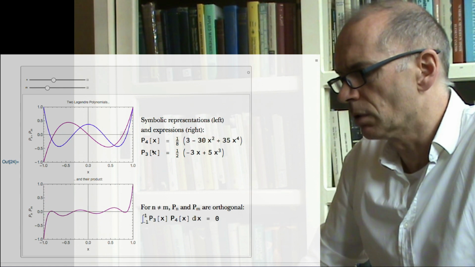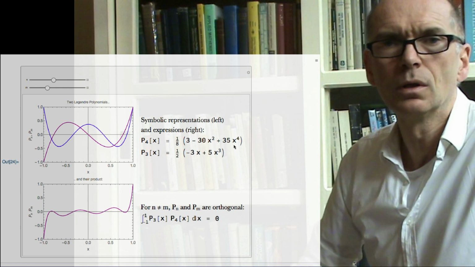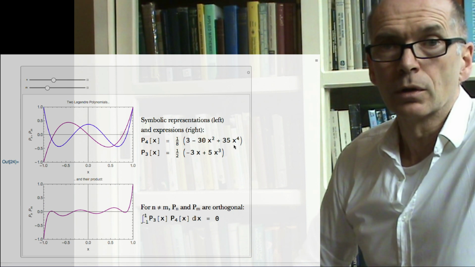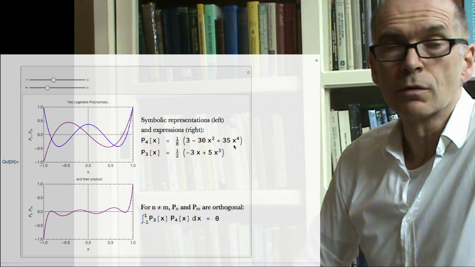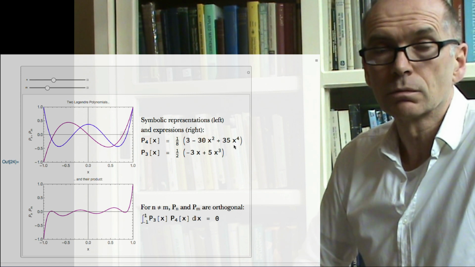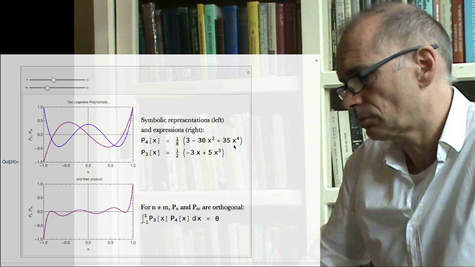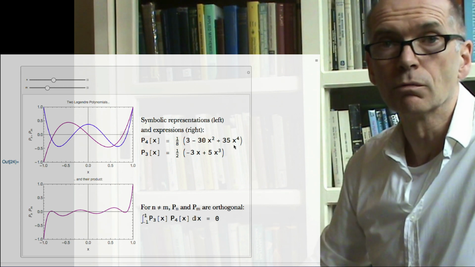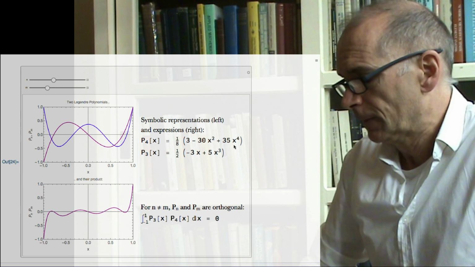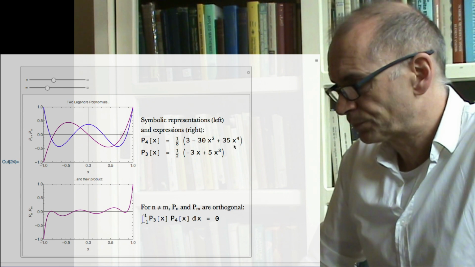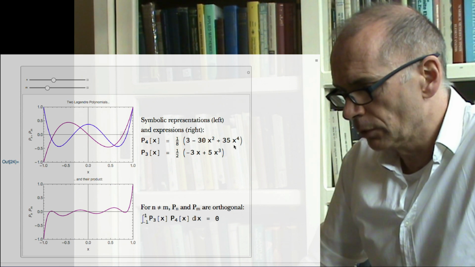They occur on the right, and the expressions occur. You would find them if you solve, for example, Legendre's equation for integer values of the parameters. And there are other ways to find them, by the way. These are very famous functions. And this is how they look.